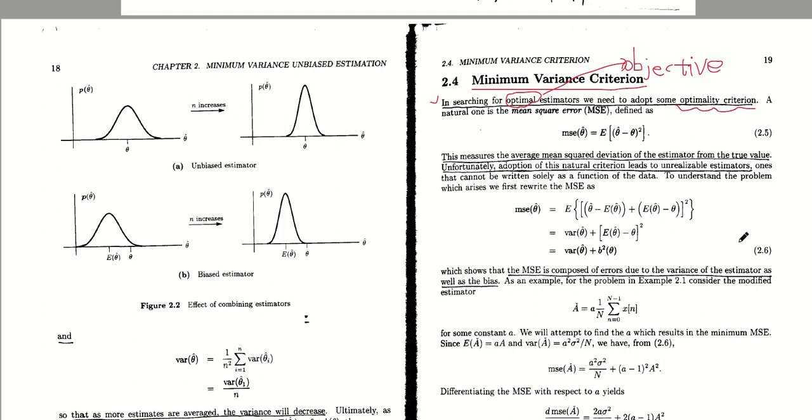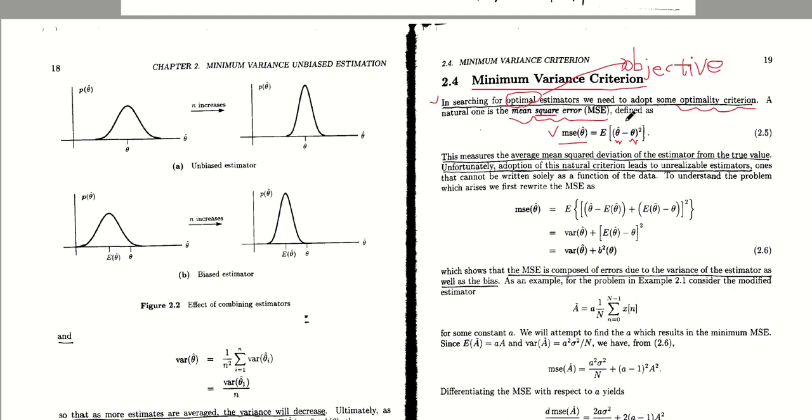A natural criterion is the mean square error. We define the mean square error as a function of theta hat, because you could have different designs for theta hat. It is equal to the expectation of theta hat minus the true value, squared.